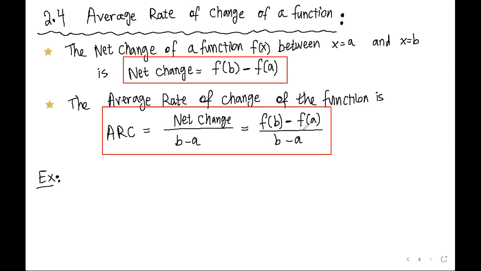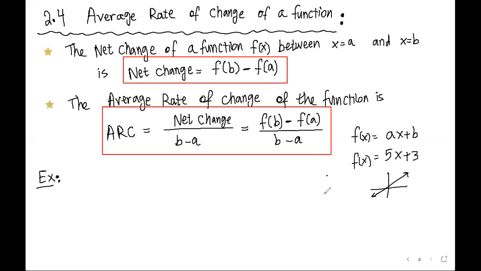But if the graph is linear, for example, a function f of x equals ax plus b, like 5x plus 3, then the average rate of change is going to be the slope of this function.